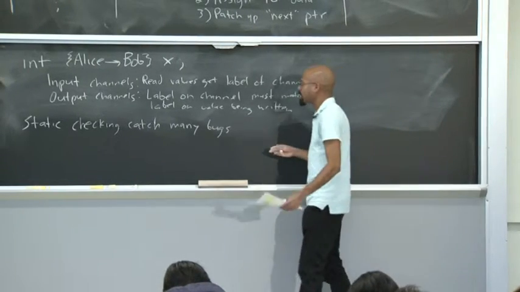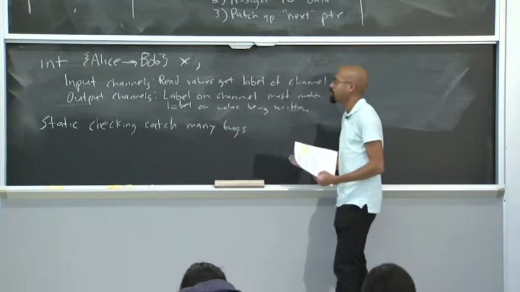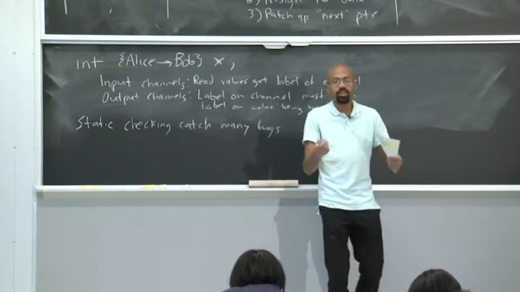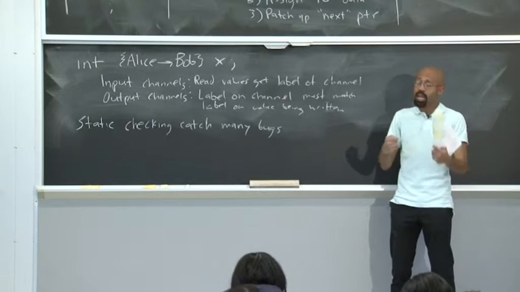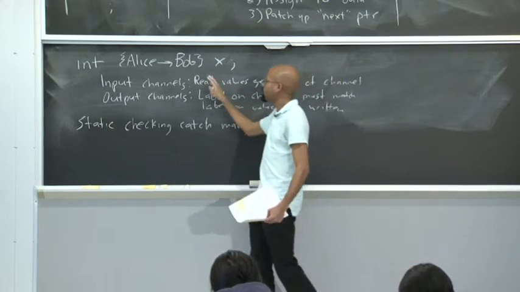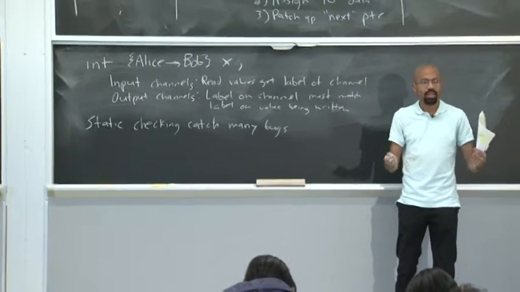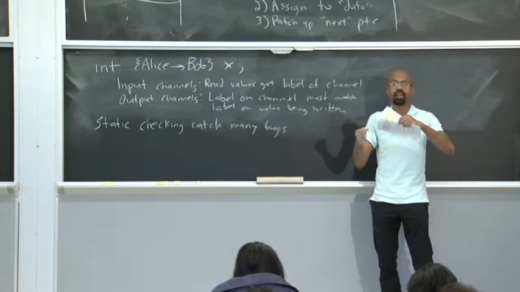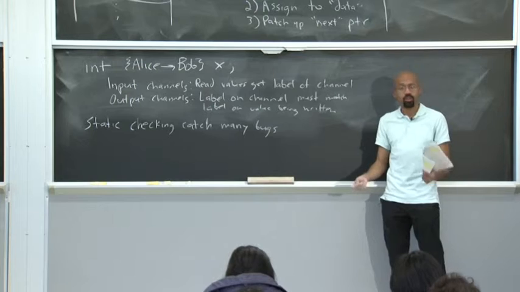And at a high level, the reason why static checking can catch a lot of these bugs is because, loosely speaking, you can think of some of these annotations as somewhat similar to types, right? And so in the same way that compilers can catch errors involving types in a strongly typed language, you can imagine that the compiler in a language like this can come up with some type of calculus over these labels, and in many cases determine, hey, if you were to actually run this program, this would be a problem. So you either need to fix the way that your labels work, maybe you need to explicitly declassify something, and so on and so forth.